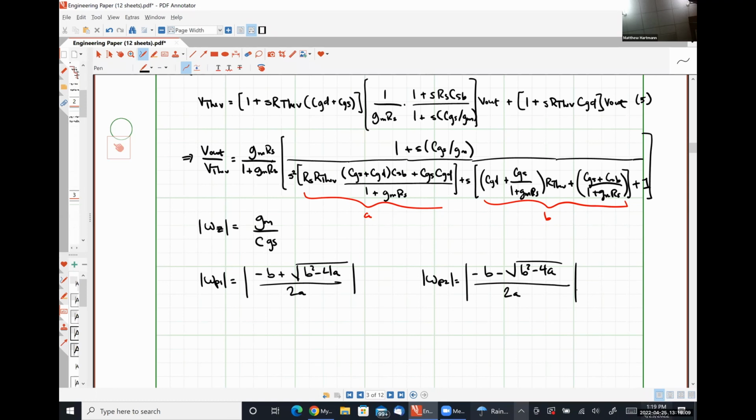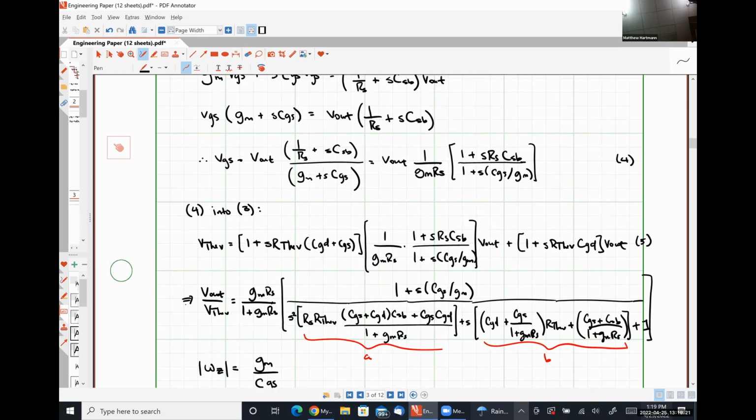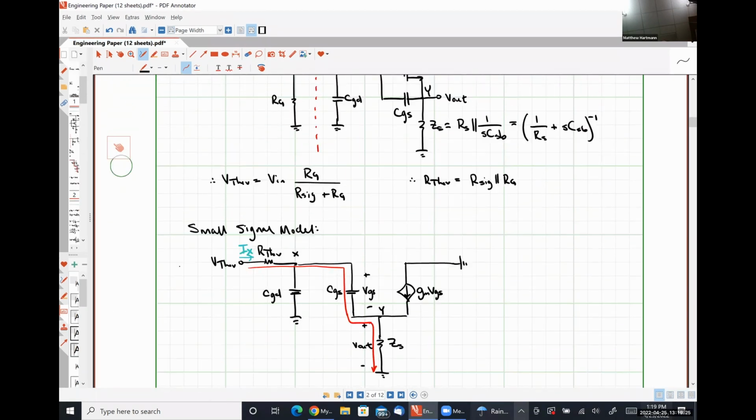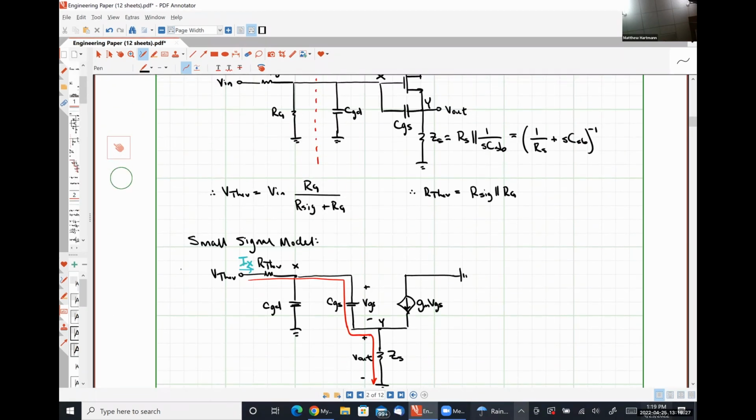So yes, you're 100% correct there. This is simply the ratio of V out over V in. For our full transfer function, Luke is 100% correct. We would need to multiply by a factor of RG over RSig plus RG. But it's not going to influence the frequency response at all.